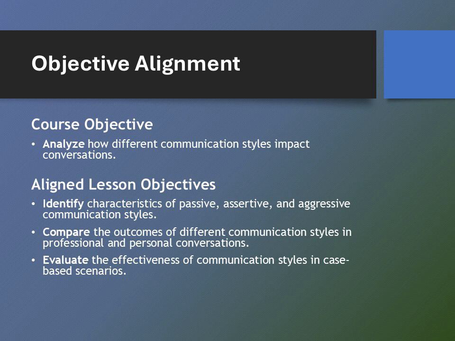Let's return to one of my course objectives. After completing this course, you will be able to analyze how different communication styles impact conversations. In Lesson 2, we broke this larger goal into smaller, more manageable lesson-level objectives, including: after completing this lesson, you will be able to identify characteristics of passive, assertive, and aggressive communication styles; compare the outcomes of different communication styles in professional and personal conversations; and evaluate the effectiveness of communication styles in case-based scenarios.